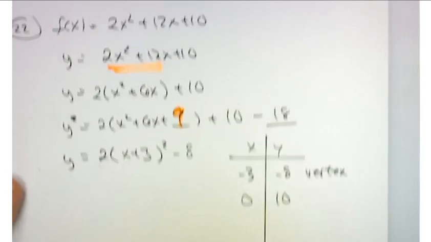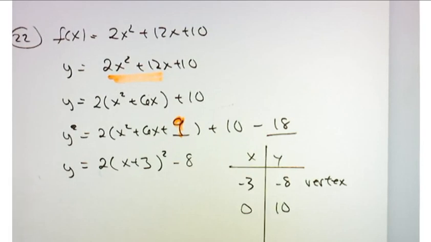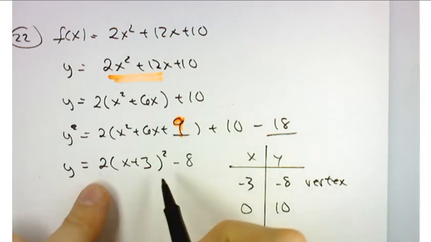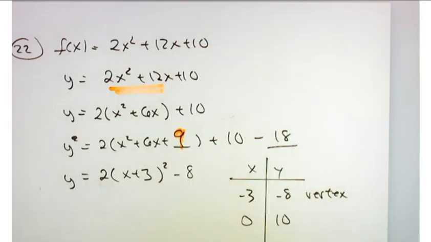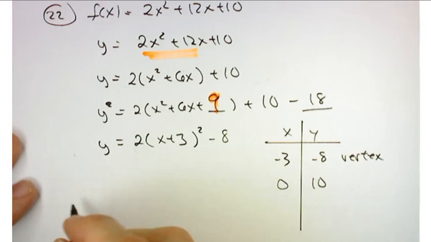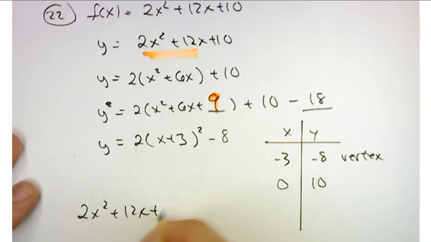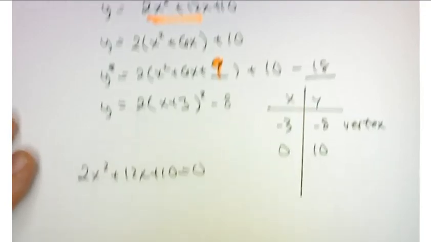And as far as the x-intercepts are concerned, I think there's a couple possibilities, but I think I'd go back to the first equation and try and find the x-intercepts. So why is that? Well, let's take a look at 2x squared plus 12x plus 10 equals 0.